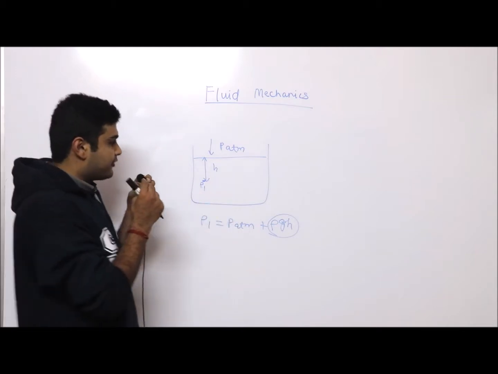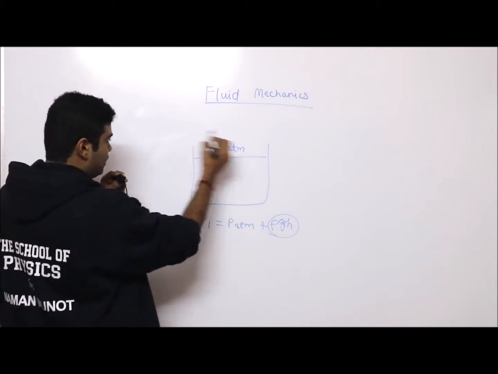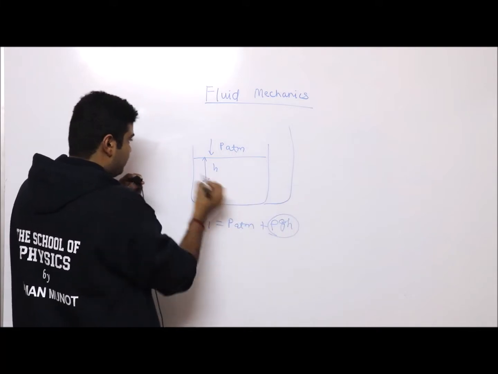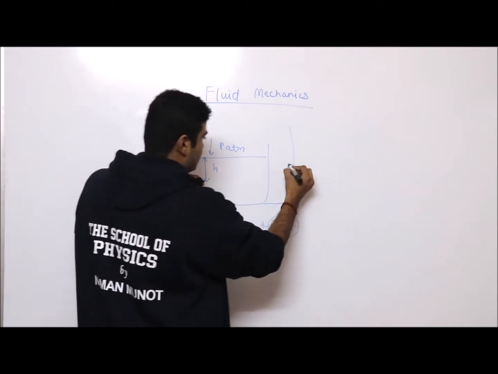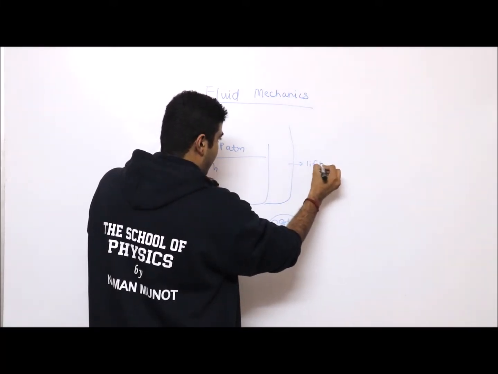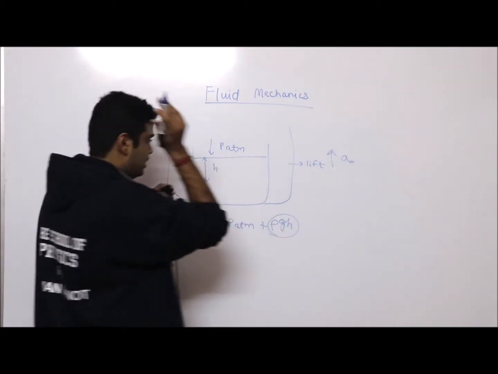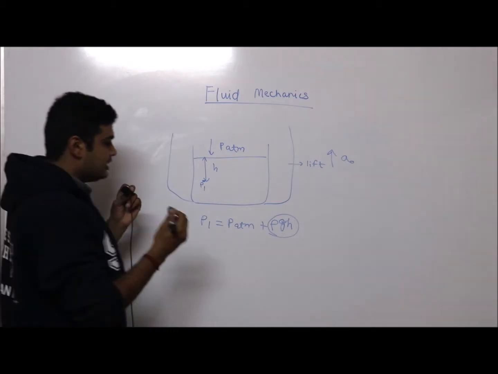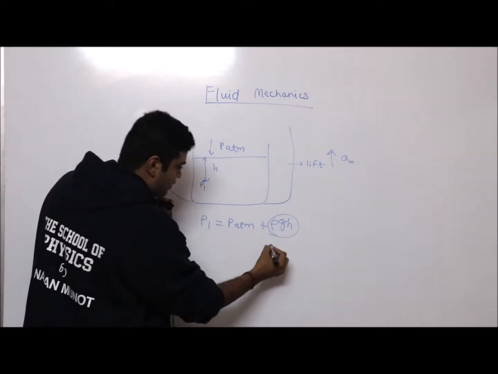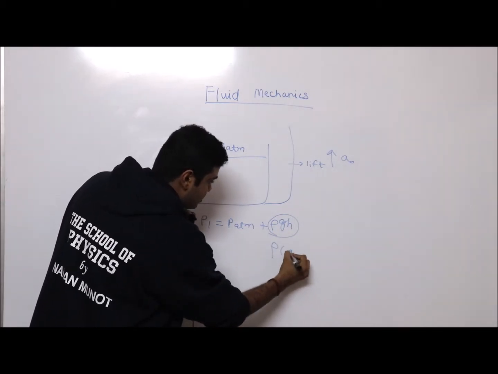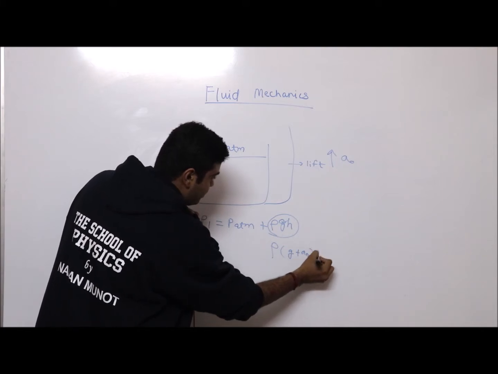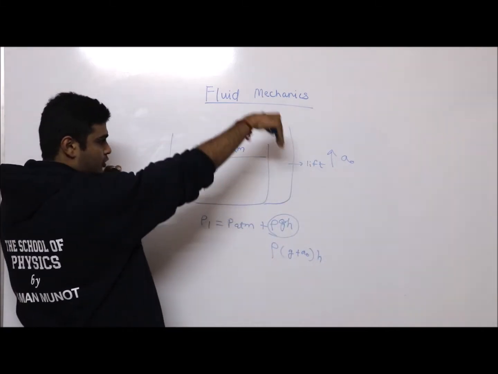Now the next thing to remember: suppose we put this in a lift and accelerate the lift with an acceleration a naught upwards. What will happen? g will increase. So rho gh becomes rho (g plus a naught) into h, because there's a pseudo force downwards.